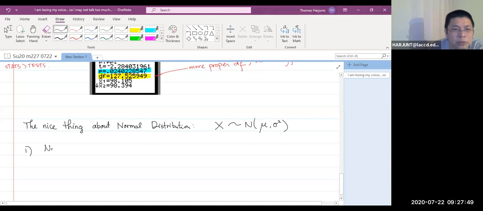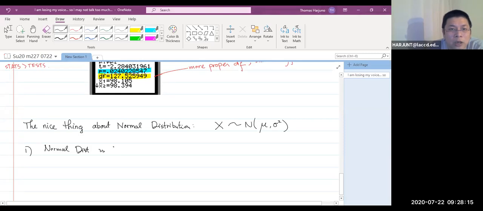Now, the normal distribution is a linear operator.